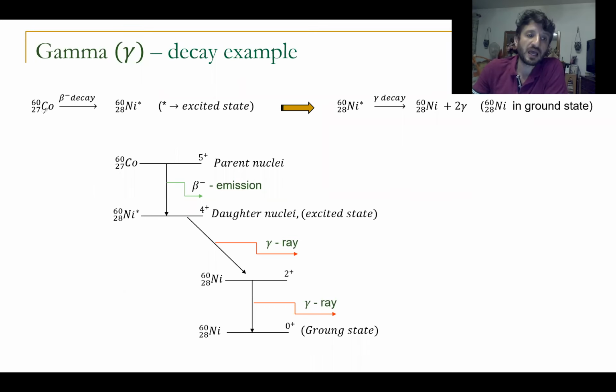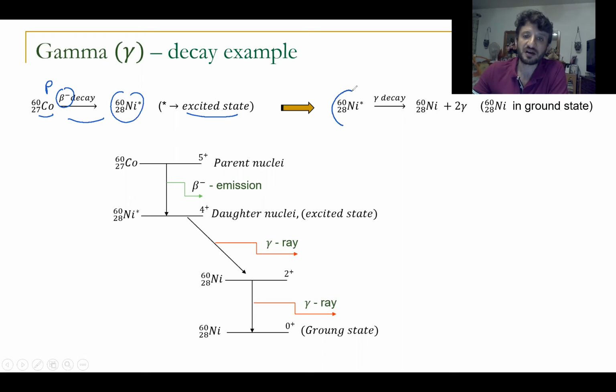First of all, we have cobalt-60-27 as a parent nucleus. Its unstable radioactive atom will decay to Ni star daughter nucleus by beta minus decay. Ni star is in the excited state.